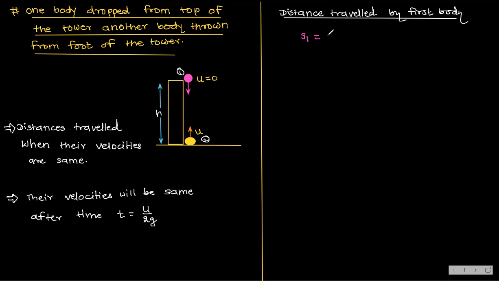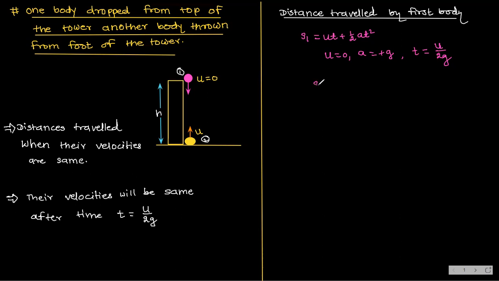Or you go with the general kinematical equation. What is that? ut plus half at square. For the body which is dropped, u is equal to 0 and a is equal to plus g. And also we know time t is equal to u by 2g, because their velocities are going to be same, no? After this time.